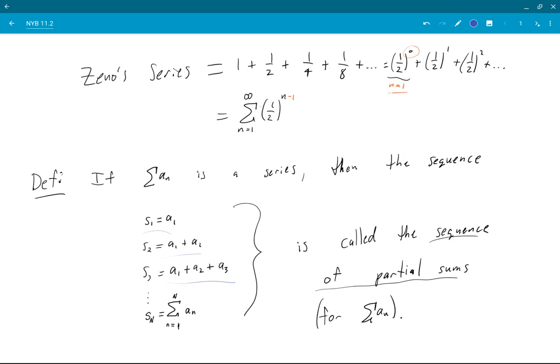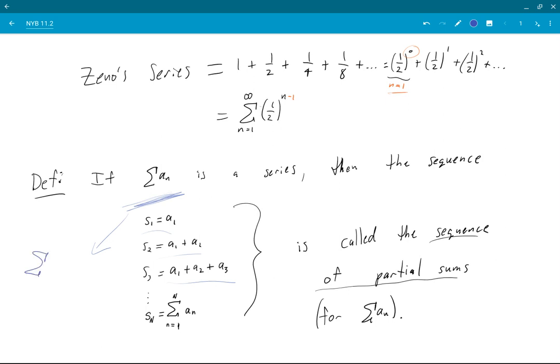Okay, one thing before I close the video. You'll notice up here, I did not put anything below or above the sigma, seems to be missing something, right? Well, that's a common short form, which I will use, and I believe the textbook does too.